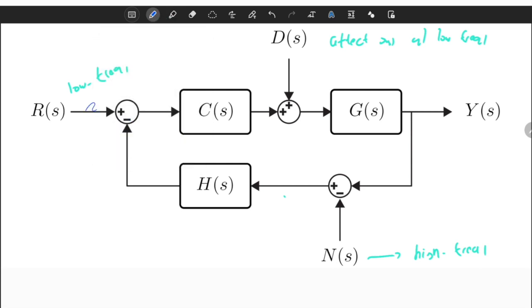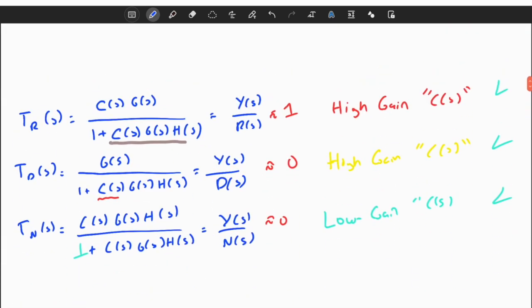But the idea is, if you manage this distinction at the design phase, it means that at low frequencies where R of S and D of S dominate, you can make a control system design, and at high frequencies, since these are technically negligible, you can adjust your design with respect to N of S. In that respect, at low frequencies, you adjust your C of S such that it's a high gain controller. At high frequencies, you adjust your gain such that it's a low gain controller.